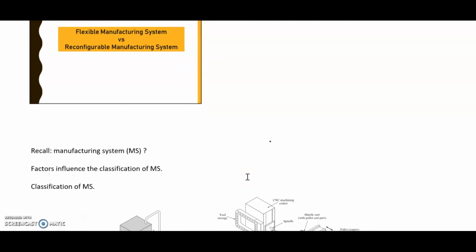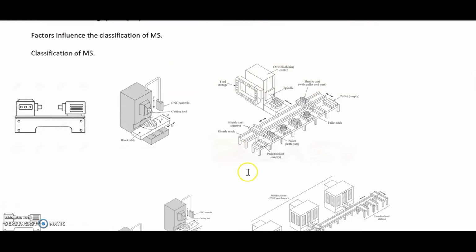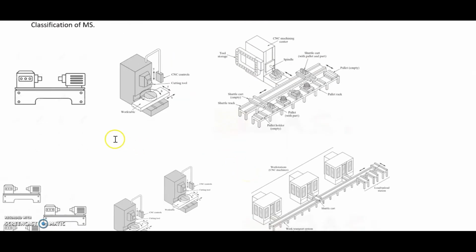So there are three classes of manufacturing systems. The first one we call single station cell. In a single station cell we have one workstation, either manually operated, like a lathe machine or turning machine, milling machine or drilling machine, or we can have a semi-automated system like a CNC, but then the part or product is loaded and unloaded by a worker.